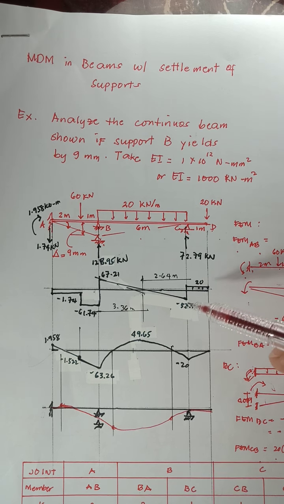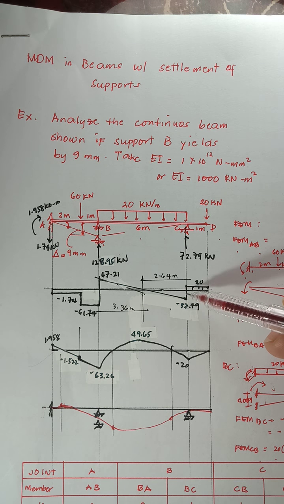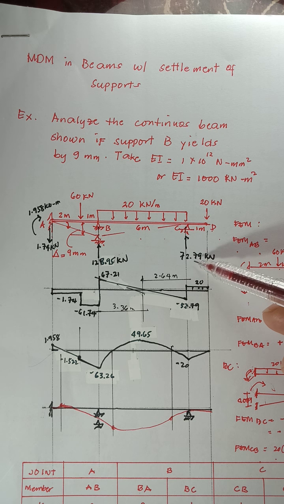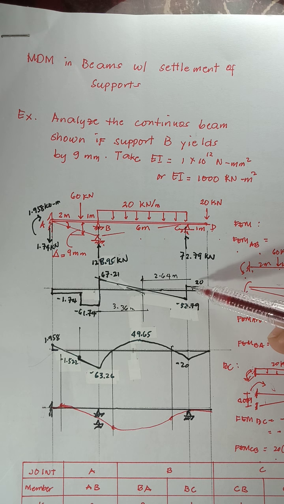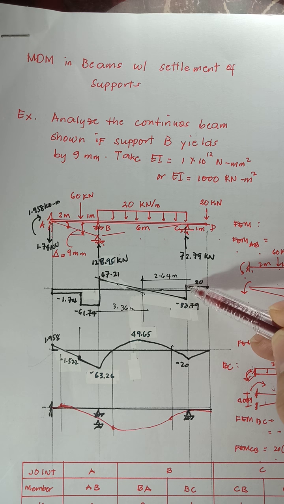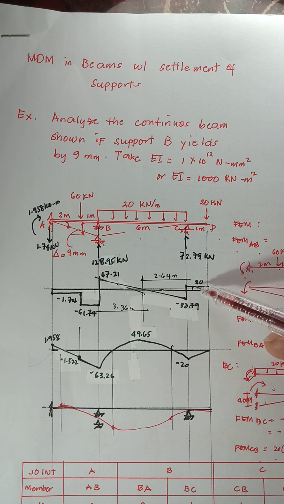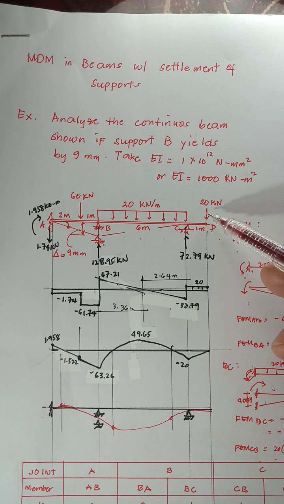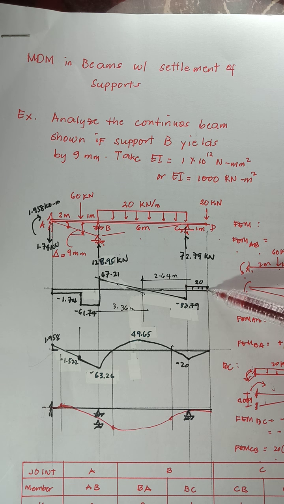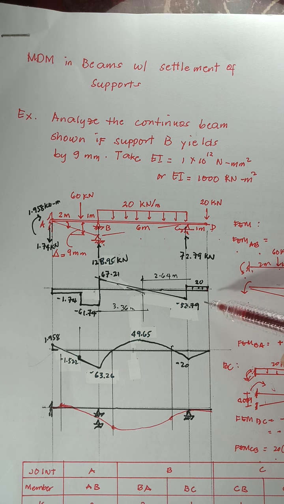Then we have an upward reaction of 72.79, and that will give us positive 20, and constant shear since there is no load. And then at the end, we have 20 kilonewtons downward, and that will close our shear diagram.